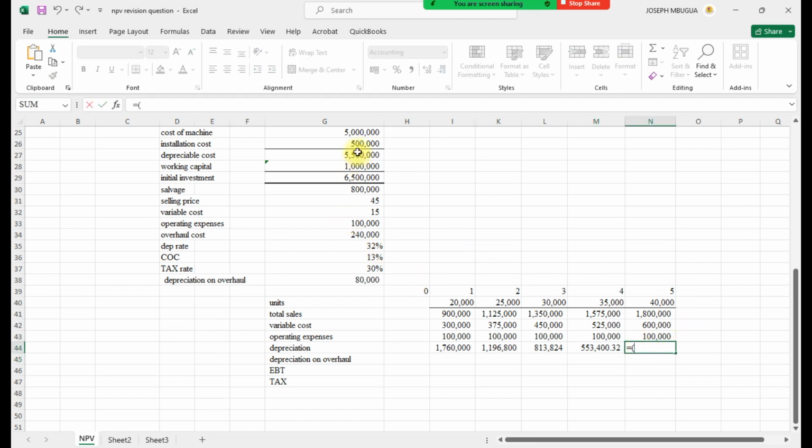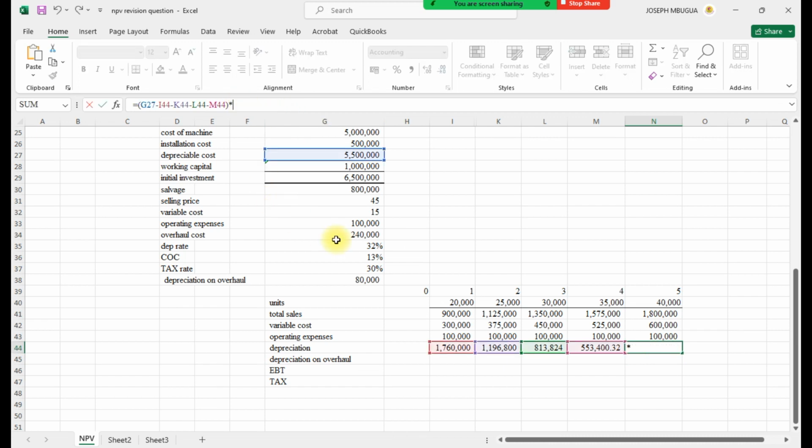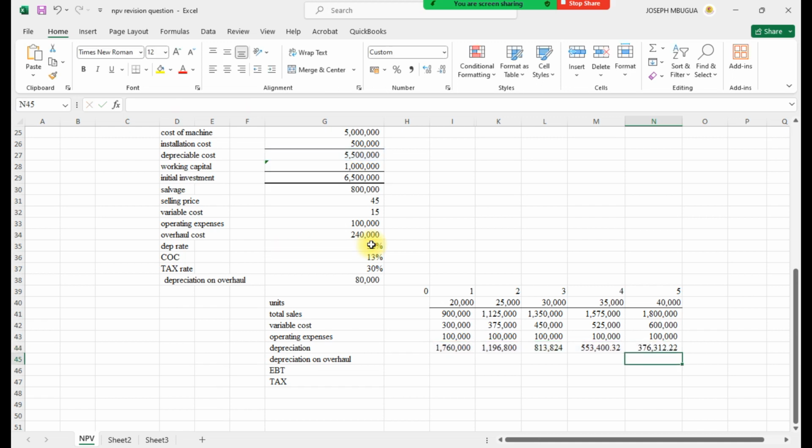So you take the depreciable amount minus depreciation year 1, depreciation year 2, depreciation year 3, and depreciation year 4, that way. Sorry, this one I'm not multiplying, I multiply by 32%, the depreciable rate, that way.